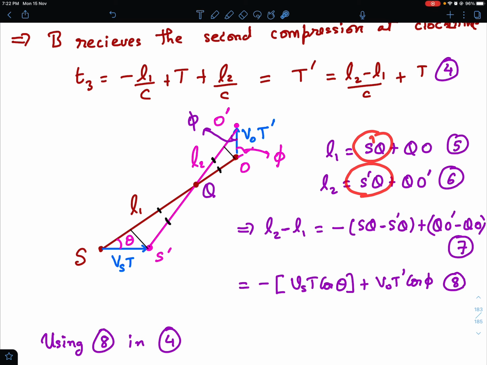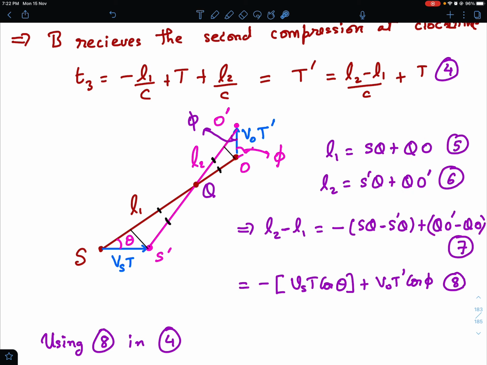So what do I get? I get S prime Q minus SQ, which can also be written as minus of SQ minus S prime Q. I took a minus sign because SQ is larger and I don't want to write a negative of a negative. So S prime Q minus SQ is the same as minus of SQ minus S prime Q, plus QO prime minus QO. So that's it.